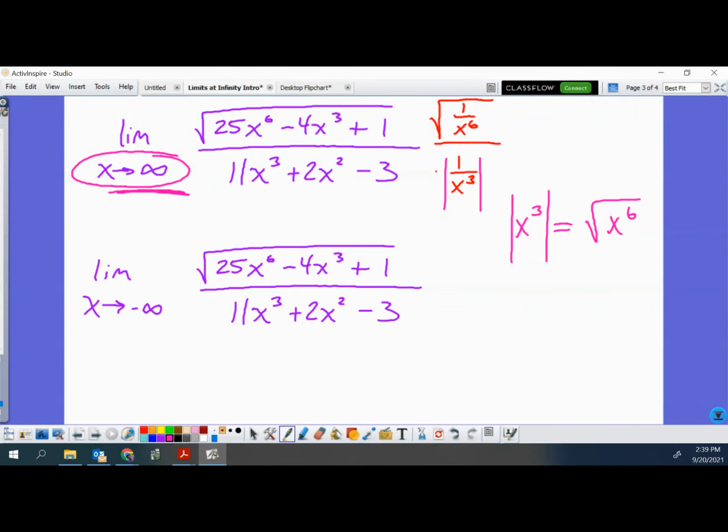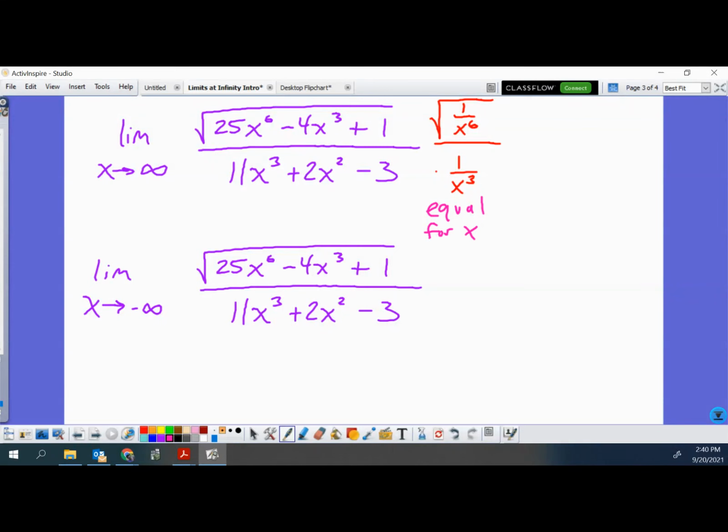So what kind of x values are we talking about? Positive only. Since we're only talking about positive x values, we can leave off the absolute values there, and we can say, yes, these two things are equal for positive values of x.